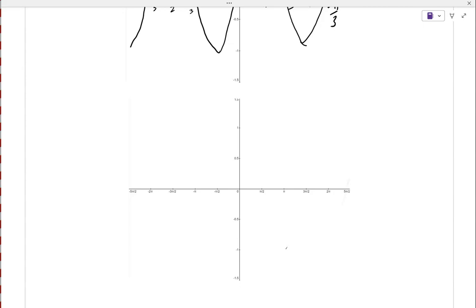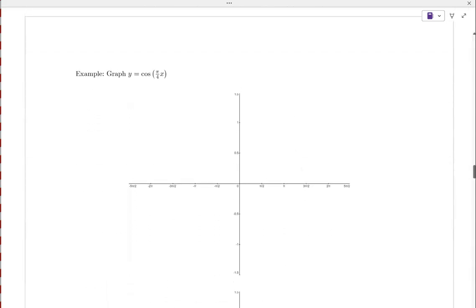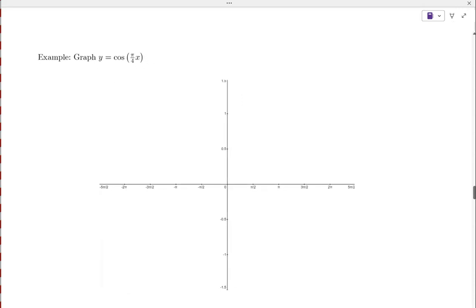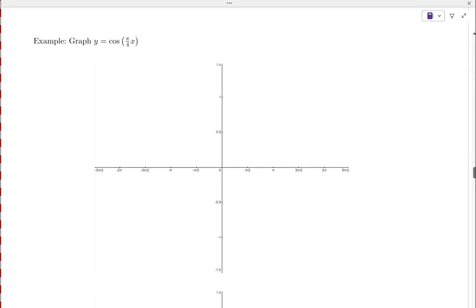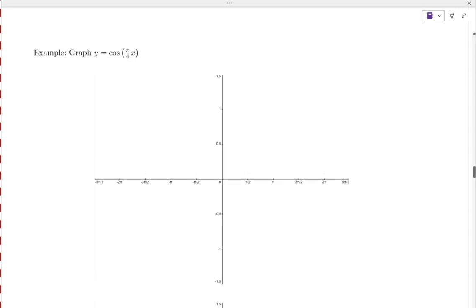Let's see if we can do the same thing for cosine. Again, I've got 2 sets of graphs there, but really I'm only going to draw one, because I'm not going to redraw it. Original cosine graph. Do I start at 0, 0, or do I start at 0, 1? 0, 1, right? So it starts up here, goes down, goes up, comes back down.